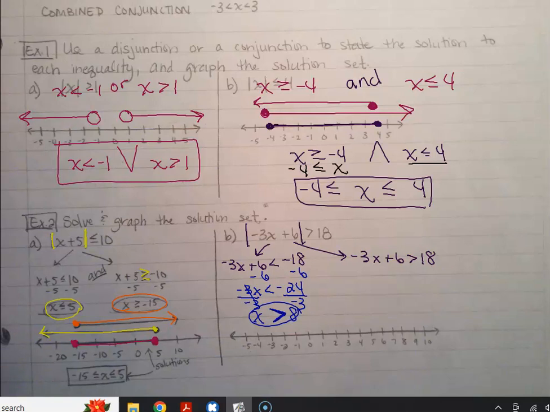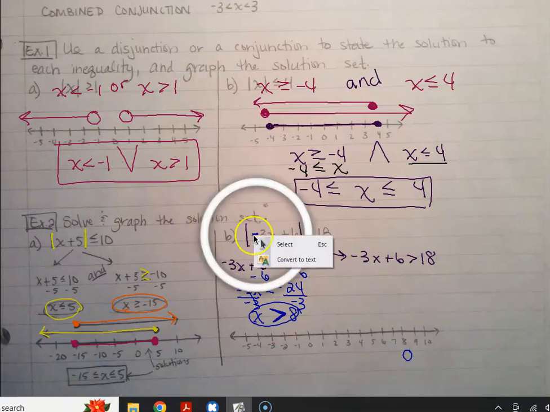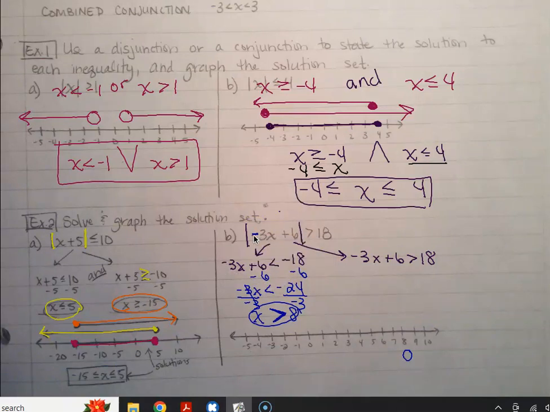X is greater than positive 8, so open circle at 8 and to the right. The thing that changed was the negative 18 outside; the negative 3 was inside, so we had to take that.